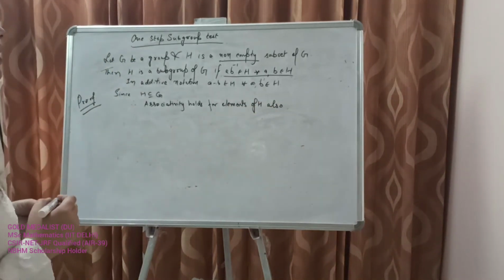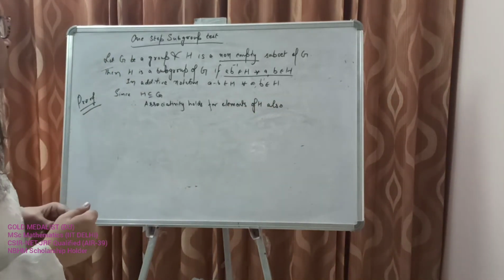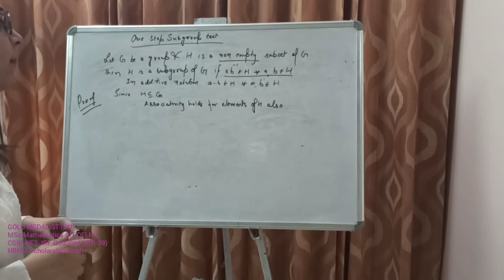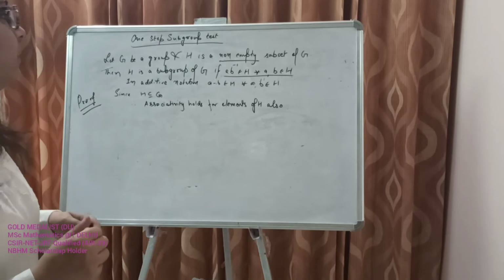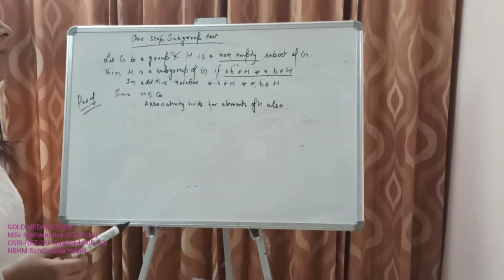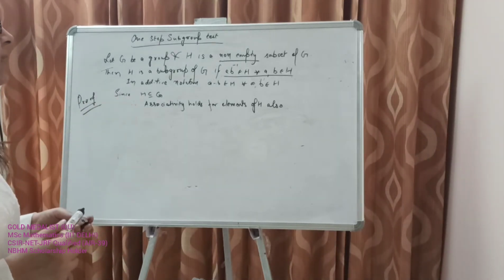So we don't need to prove the associativity axiom. Next we will prove that there is an identity element present in H.